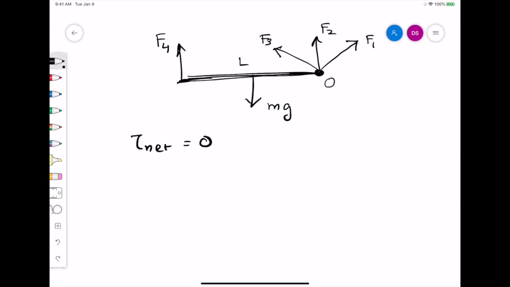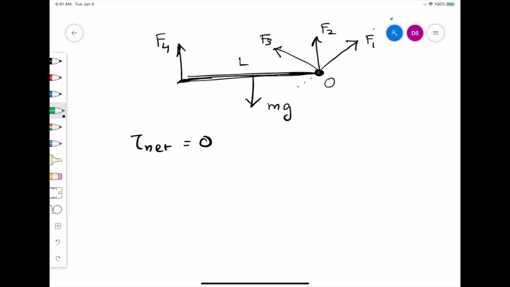So what is the lever arm of F1 about the point O? You would draw a line through F1 as we did in chapter 9, and then you would make a perpendicular from O onto that line, but clearly that perpendicular would have zero length because O is on that line, right? So the torque of F1 about the point O would be 0.